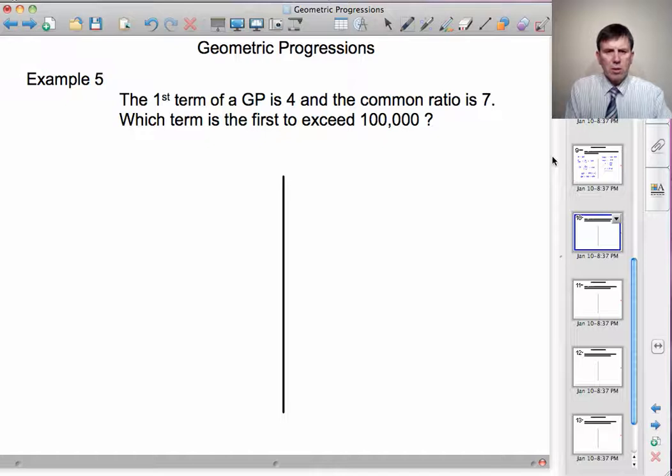So we've been told that A is equal to 4 and R is equal to 7. Well, let's suppose this first term that exceeds 100,000 is the nth term. So let the nth term be the first to exceed 100,000.